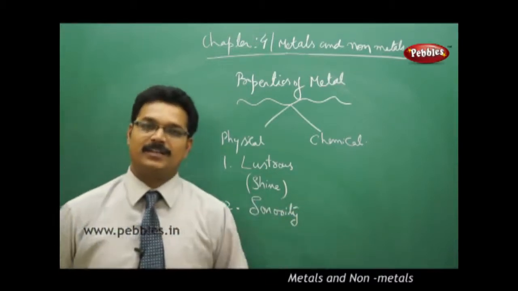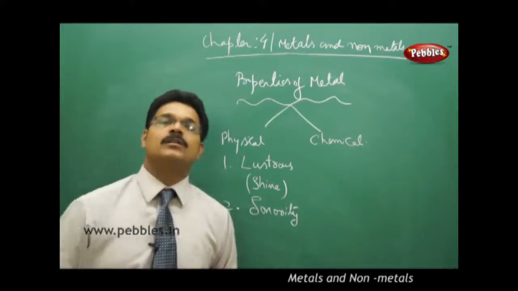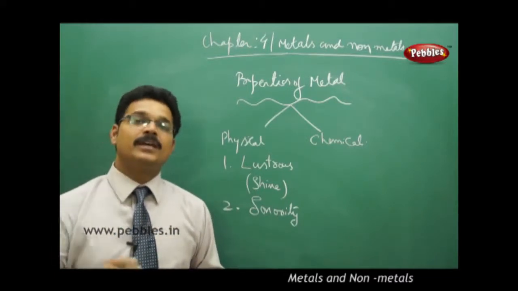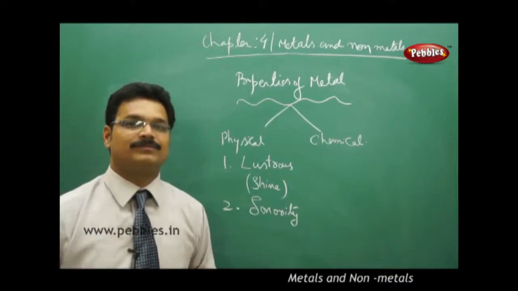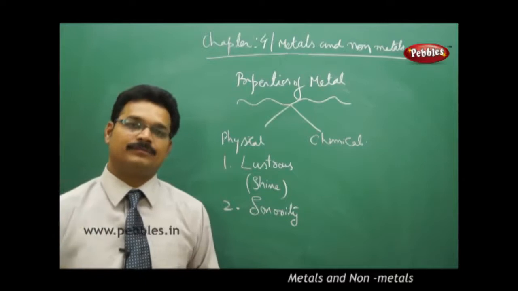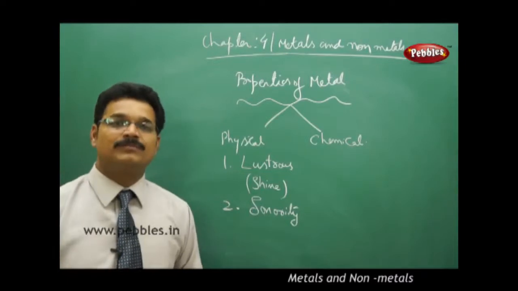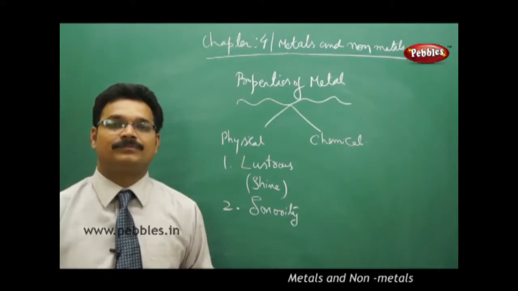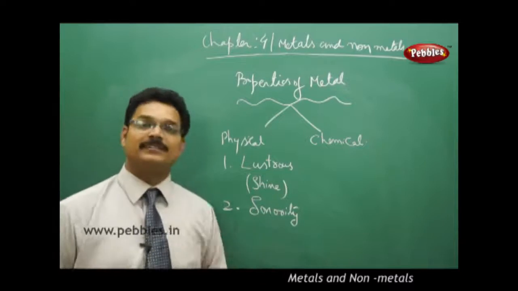What is meant by sonority? Understand carefully. Suppose I'm carrying 20 to 30 iron nails in my hand, and mistakenly they fall down on the floor. What happens? You will hear a ringing type of sound. Generally, iron, aluminium or copper metals, when they fall on the ground, make a sound. That production of sound is called sonority.